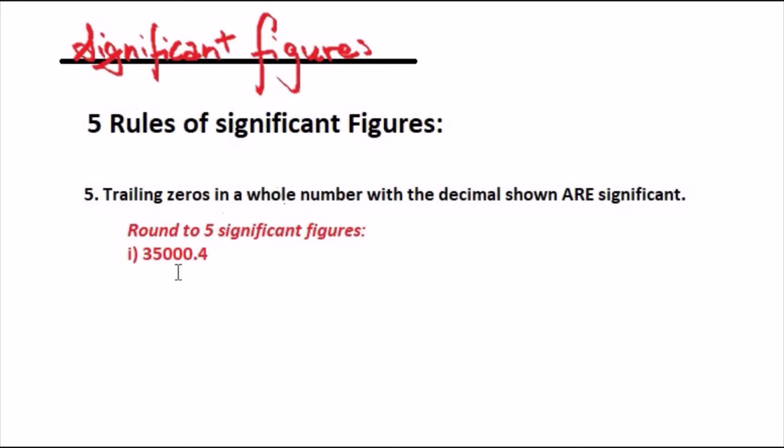So let's test your understanding. Round to 5 significant figures. So we have this, and I want you to pause the video and try it. Going from left to right, we identify the significant figures. Now, are these zeros significant? Yes, they do appear in between two non-zero digits or significant figures, so they are significant. So we're going to count 1, 2, 3, 4, 5.